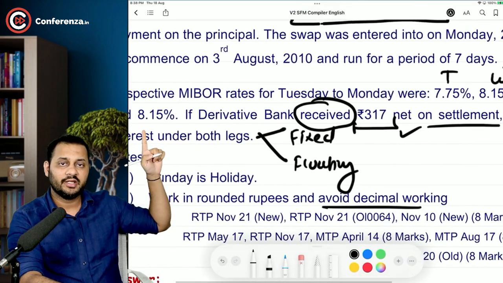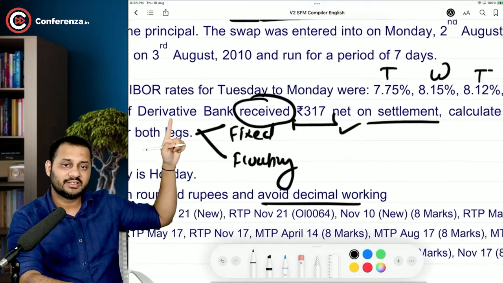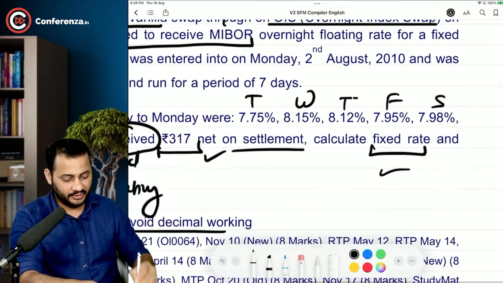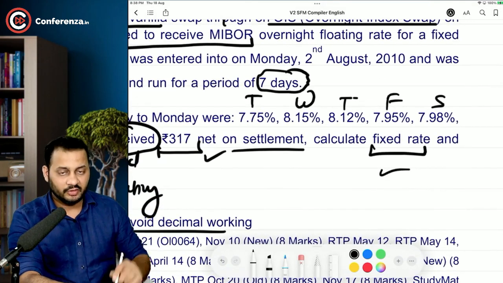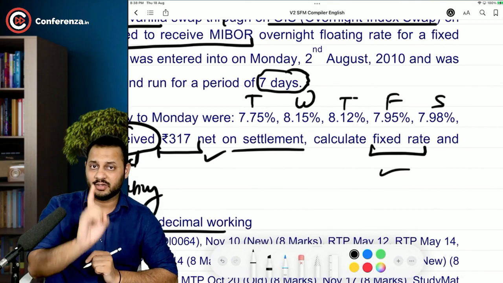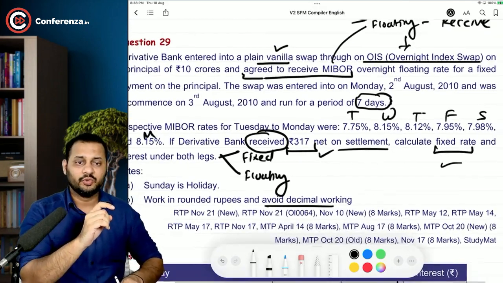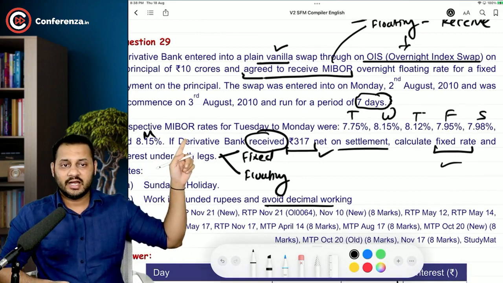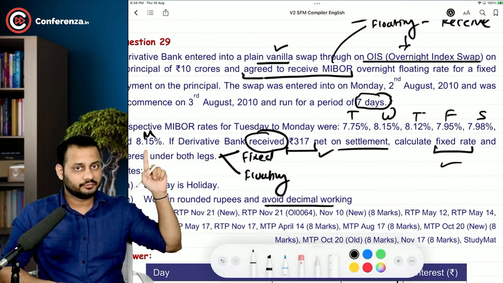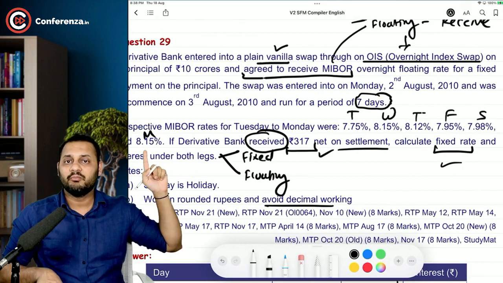But we have to take it to Monday because we are starting on Tuesday and it has to go for 7 days. From Tuesday, the 7 days end at Monday, and this is the rate for Monday. Why is there no rate for Sunday? After Saturday, we just have the rate of Monday.